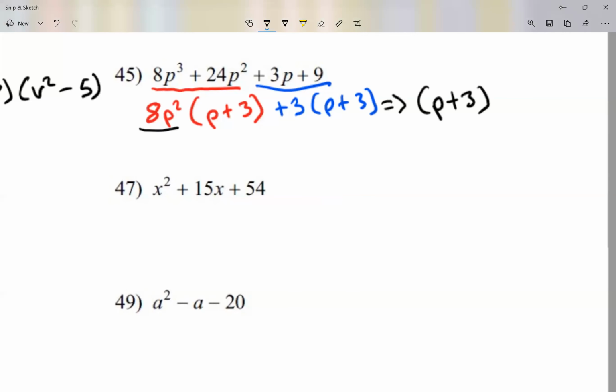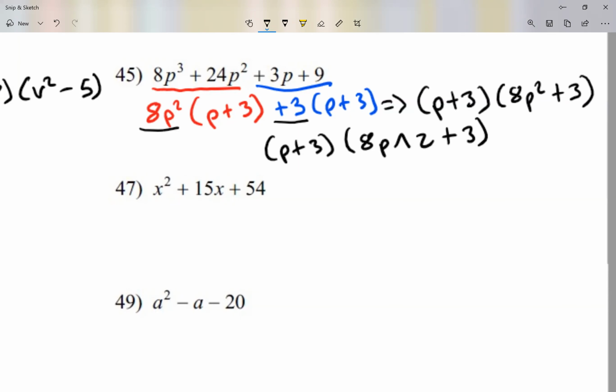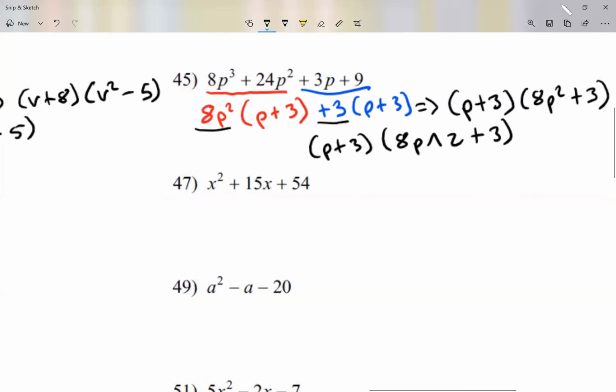The other parentheses, I look at the outside, and I'm going to write 8p squared plus 3. And the way we type this, p plus 3, second parentheses, 8p to the second plus 3. So that's when we have 4 terms.